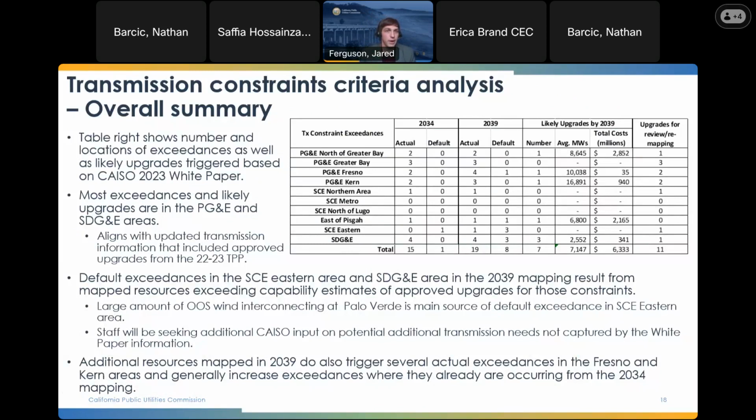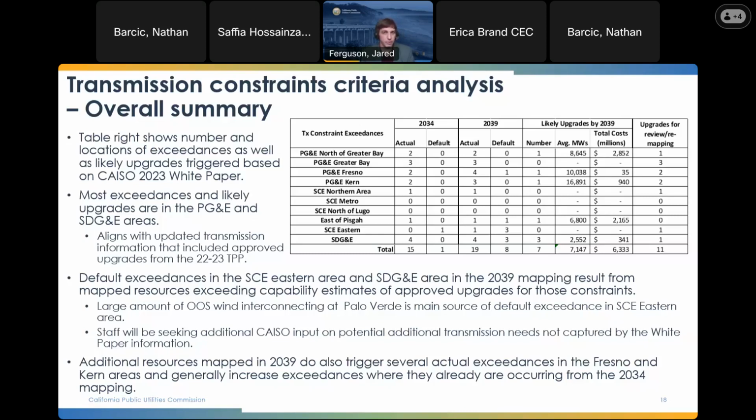So in our busbar mapping process, we try to have a coarse assessment of what upgrades could be or are likely to be triggered by our mapping, and assess whether we should try to avoid triggering a certain upgrade because it's not cost effective, it would be underutilized, or there's existing transmission capacity in another part of the region.